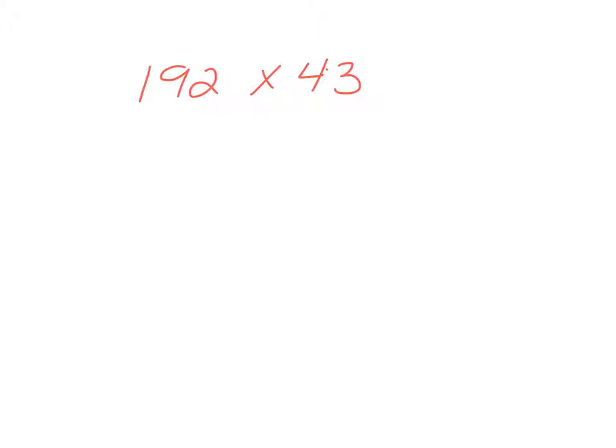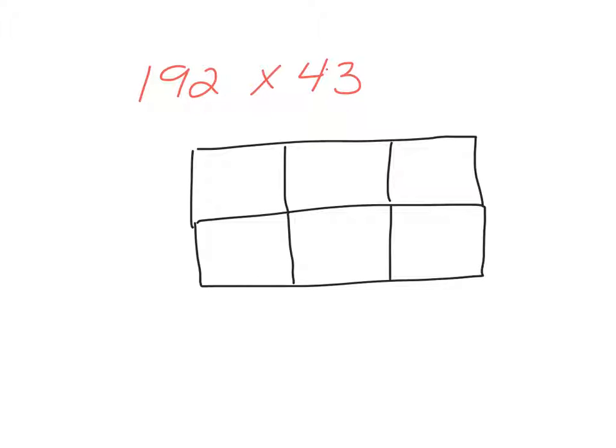Okay, here's your problem, 192 times 43. This time I want you to pause your video and go as far as you can. In case you got stuck or you're checking your work, this would be step 1 where you make your box. Pause your video if you need, or keep watching if you're checking.